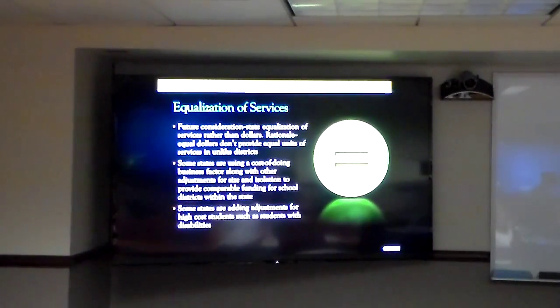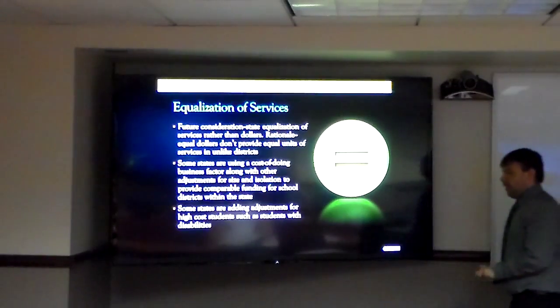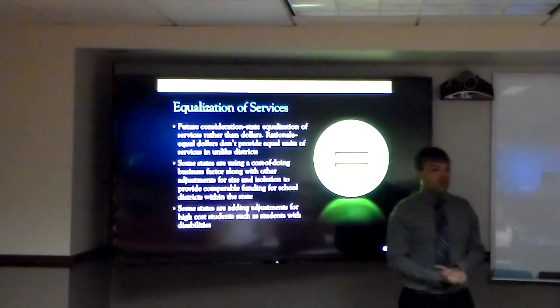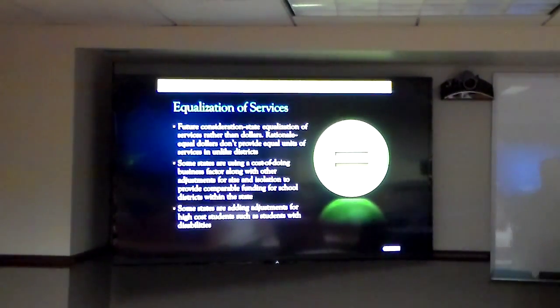In a state that has unions, if you were the special ed teacher, you're going to make the same as the first grade teacher, same as the elementary teacher, same class sizes, same rights and restrictions. Without a union to block that from happening, we actually could do adjustments. So Oklahoma really was one of the first states that started this. So what we know in the United States for special ed really came from Oklahoma.